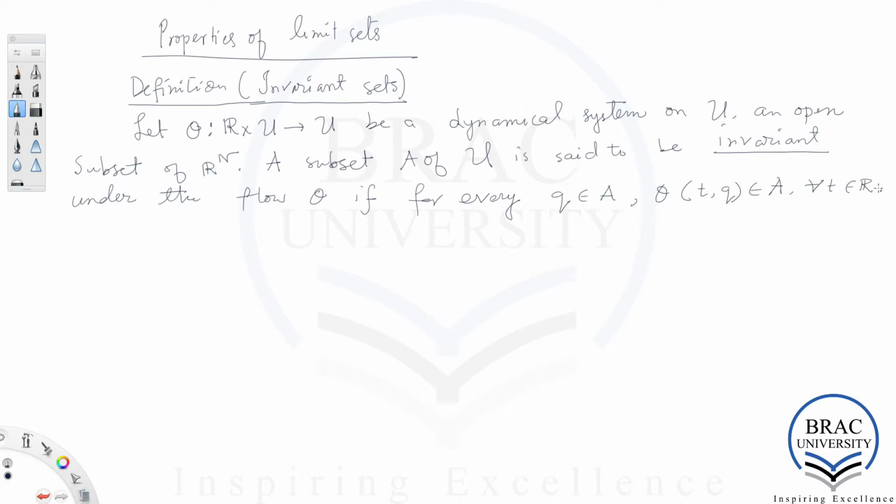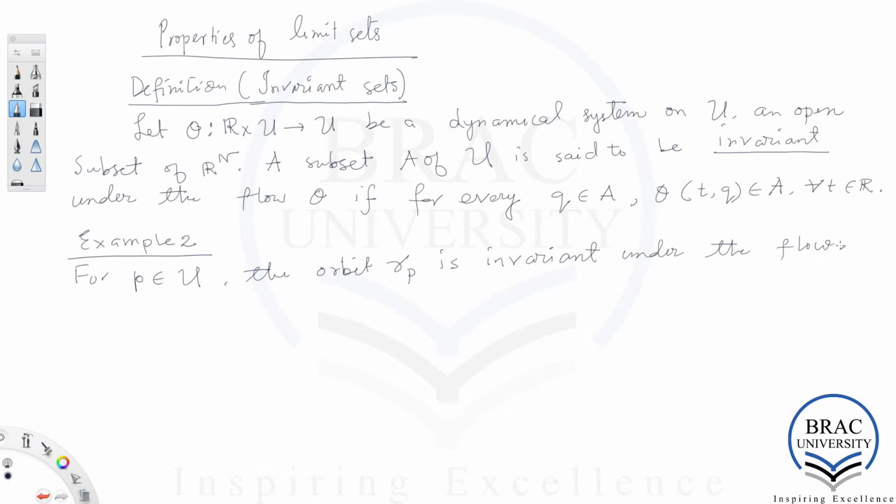Okay, so this is the definition of invariant set. I'll give you an example of invariant set, which is example 2 for this lecture. For a given point P in the open set U, the orbit of P, denoted by gamma sub P, is invariant under the flow.